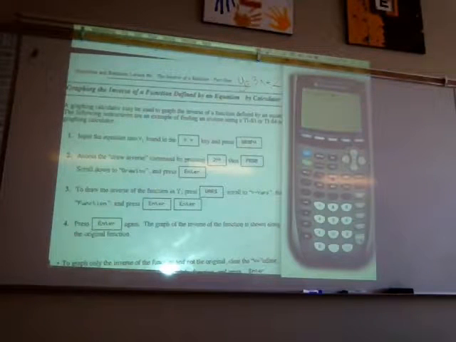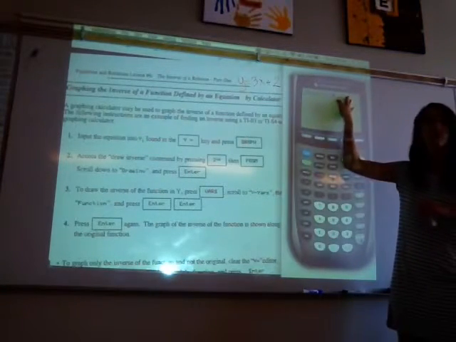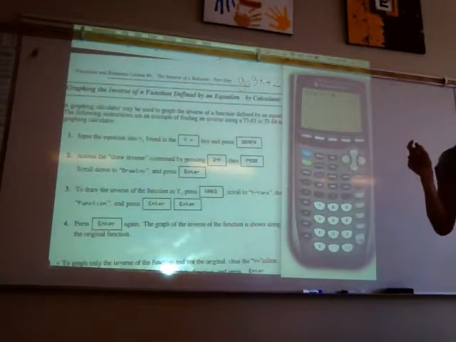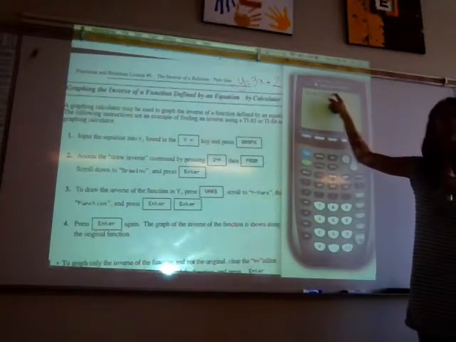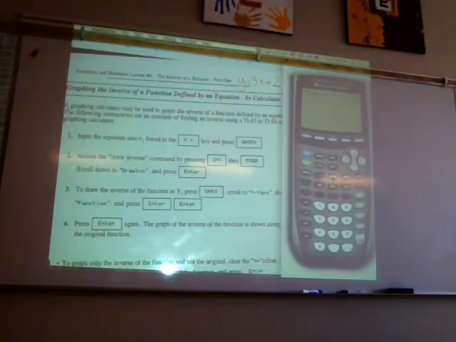There's one of two things you can tell your calculator now. You can put in 3x plus 2 if you wanted to, or we can tell it that we want the y1 function that we've already inputted into our y equals. To do that, find vars. It's the button beside program.